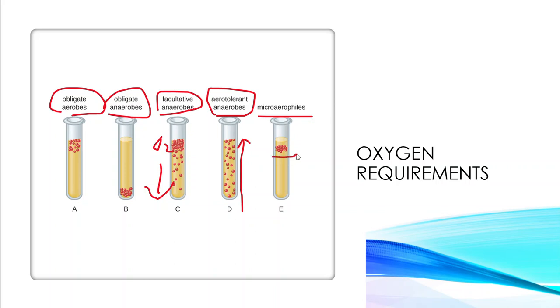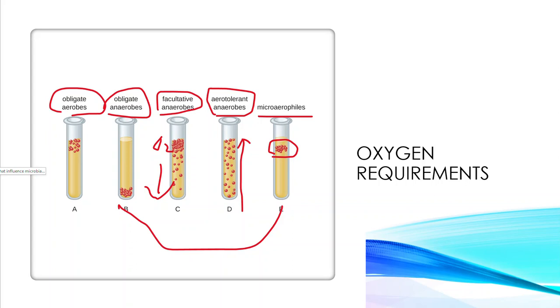And then you have these microaerophiles. These guys are okay with oxygen to a certain degree, because they have enzymes, but they don't have a lot of enzymes. So they can deal with low concentrations of oxygen, but they are just as susceptible to being killed as the obligate anaerobes if they have too much.